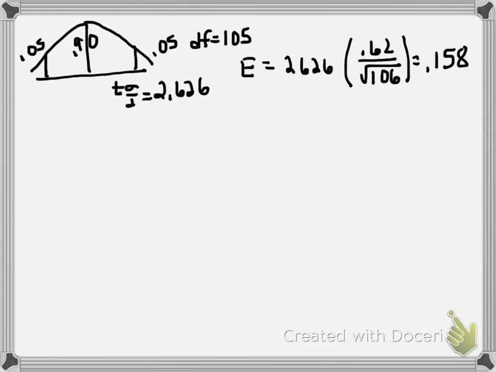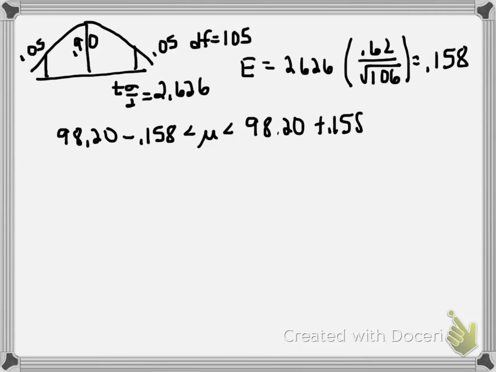Now we can find the confidence interval. The sample mean is 98.20 minus the margin of error 0.158 is less than the population mean is less than 98.20 plus 0.158.